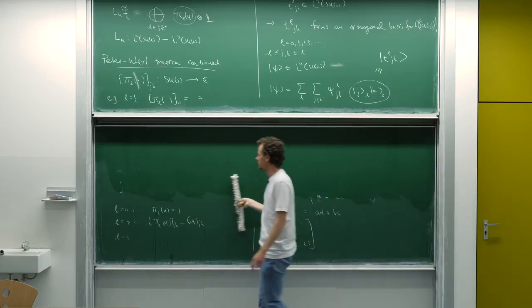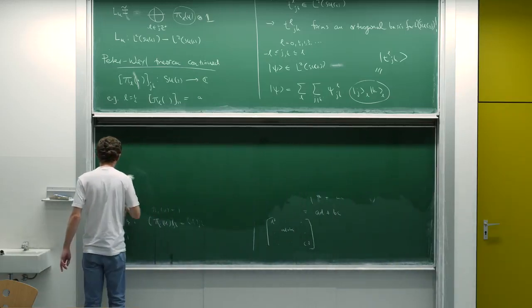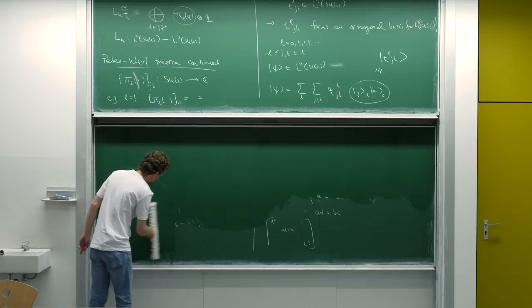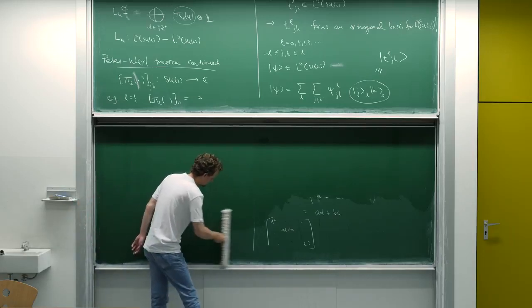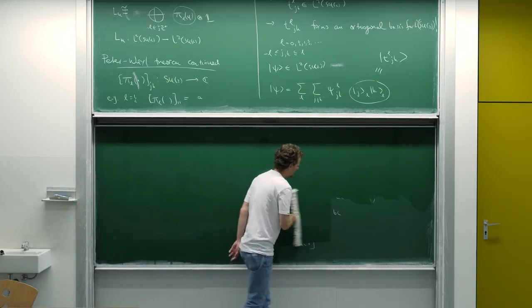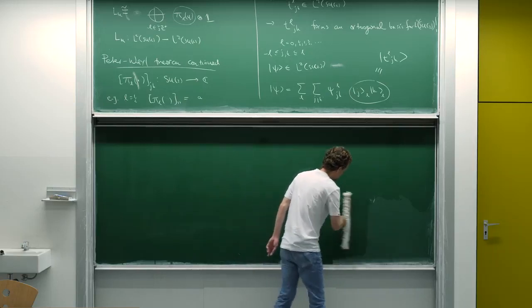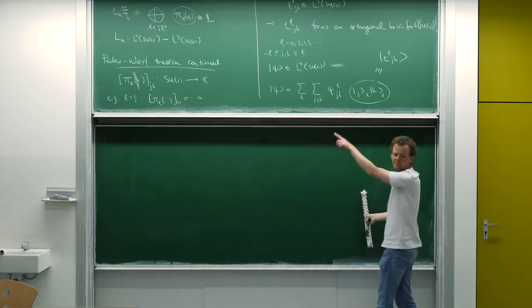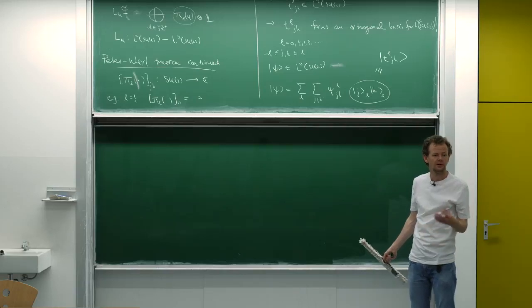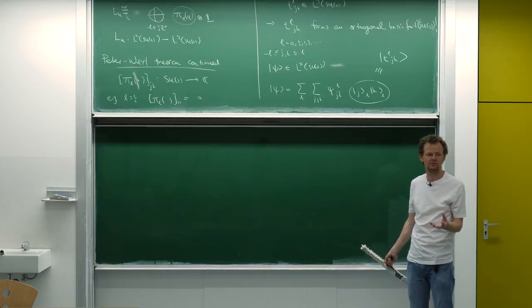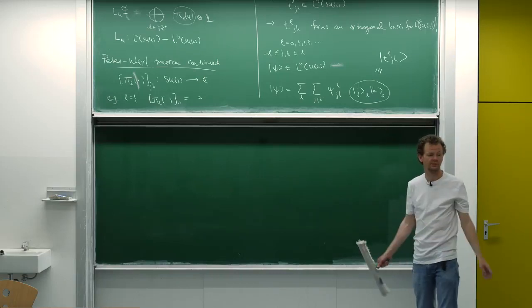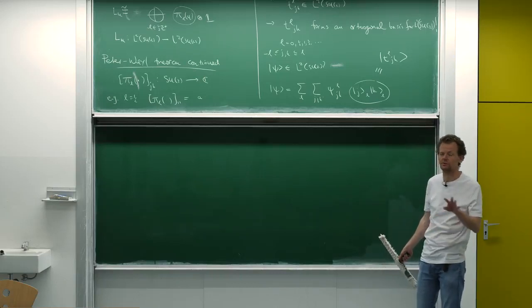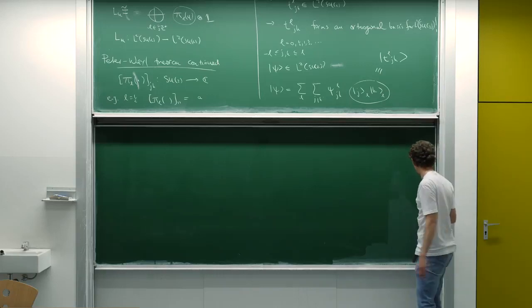All this discussion of the Peter-Weyl theorem so far has been a way to give us a nice orthonormal basis for L2 of SU2. And it's nice because it's a countable basis, right? Whereas before, it wasn't clear what was a nice basis to use for this infinite dimensional Hilbert space. Now we have a nice orthogonal basis there. It's orthogonal, not orthonormal, because these things aren't normalized.